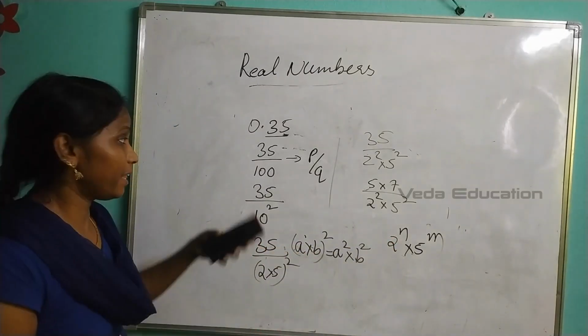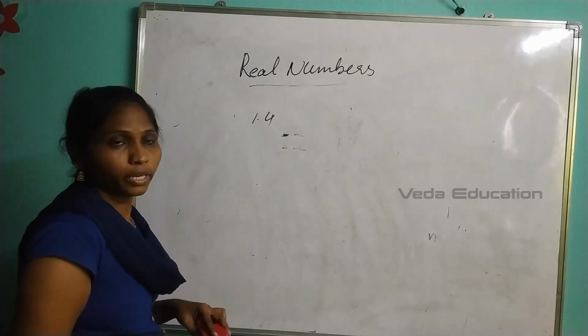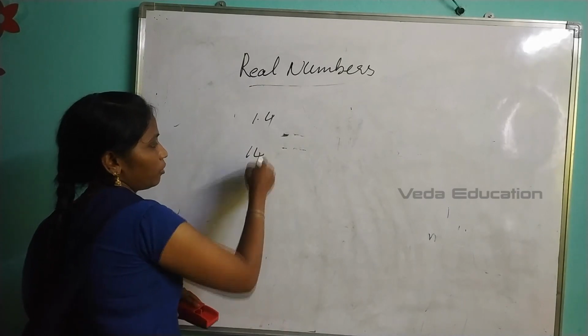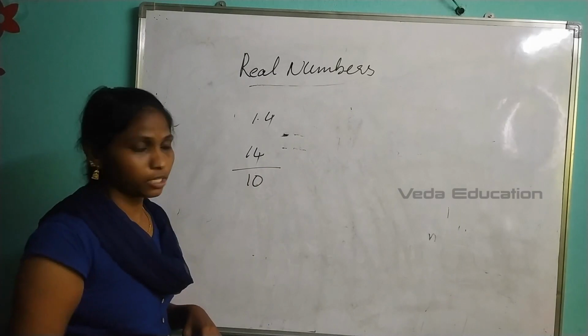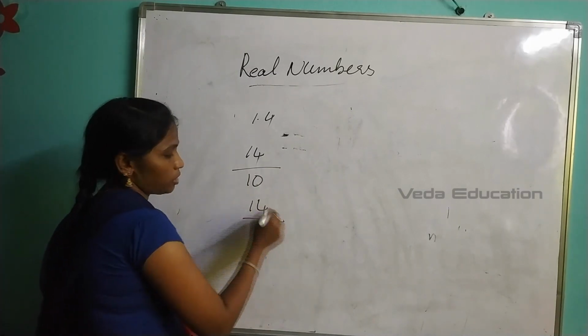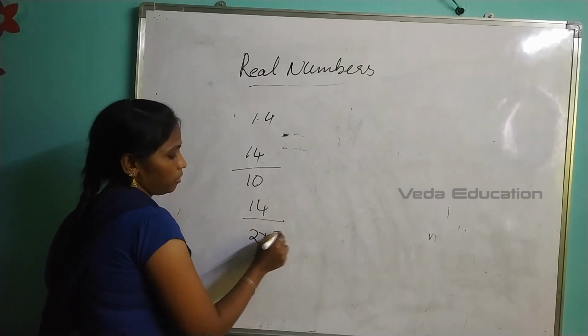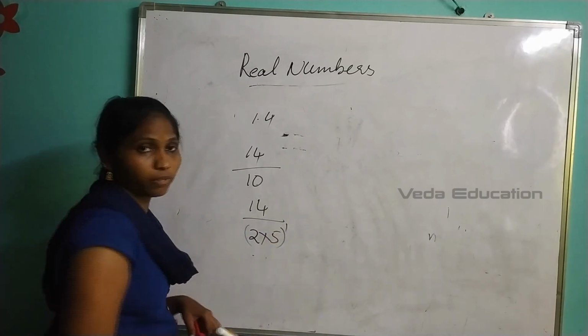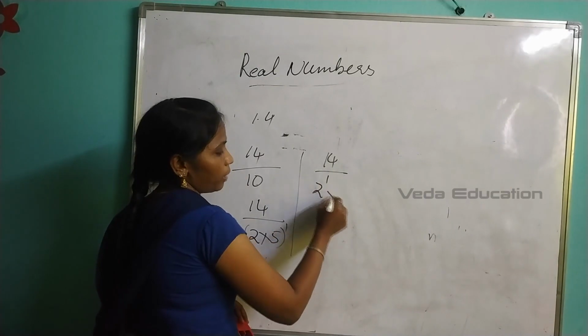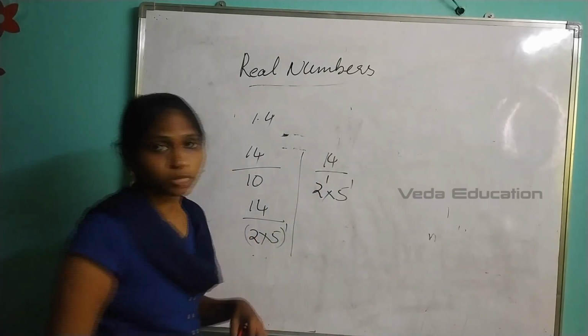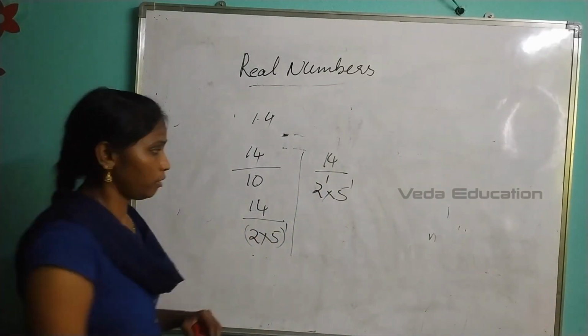Next consider another number, 1.4. For 14, if you remove the decimal point it is 14, and after the decimal point we have 1 digit, so 10. Now 14 is 2 into 7. We don't have any power, so consider 1. Now split it: 2 power 1 and 5 power 1 for the denominator.